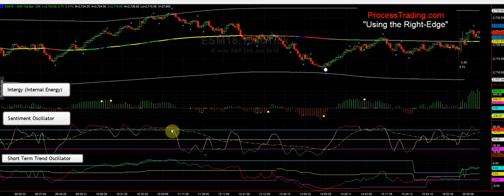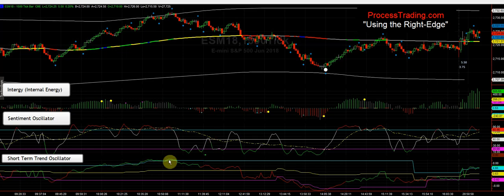And you can see that because the sentiment line is cutting down through the upper bound and starting to angle down. And we know the nature of the sentiment oscillator is to go from the upper bound to the lower bound and continue that pattern from the lower bound to the upper bound and then back down again. So we know that this is a strong indication that supply is taking over.